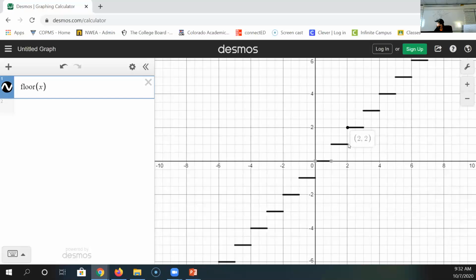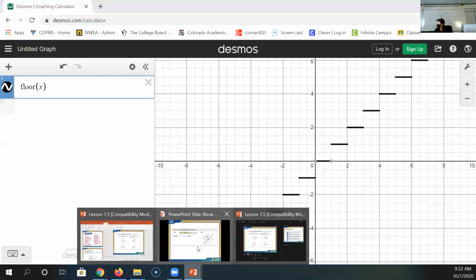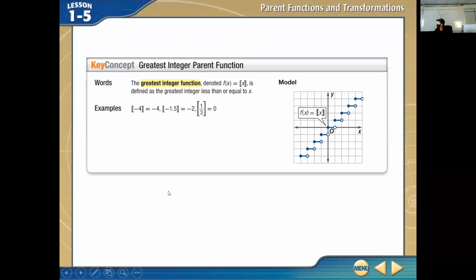So you can see 1, and then as soon as I hit 2, I wish Desmos did a better job of closing and opening dots so that we could see our jumps. But you can see 1.9 gets rounded down to 1, 1.94 gets rounded down to 1. As soon as I hit 2, it bumps me up to 2. So that's how you would plug those in.